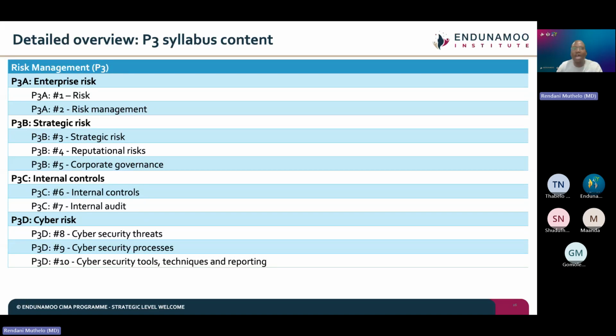So journey number one is to unpack what we mean when we say risk. And if we know what risk is, do we know what risk management is? After that, we're going to talk about those risks that, if they occur, it's red for the organization. That is strategic risk.